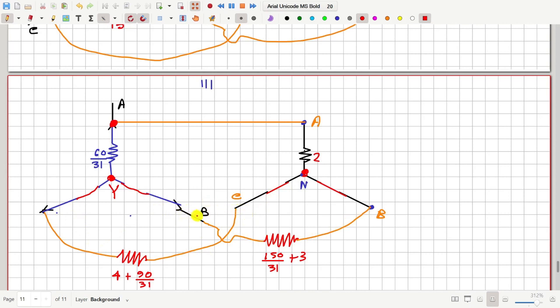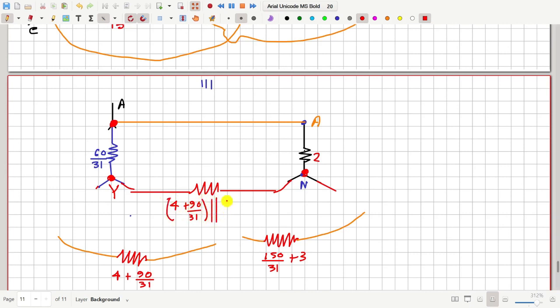So let me draw one single resistance after removing these two parallel paths, whose value will be this parallel this. So 4 plus 90/31 parallel 150/31 plus 3. And these are gone. These are definitely gone.